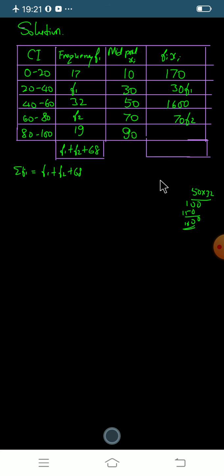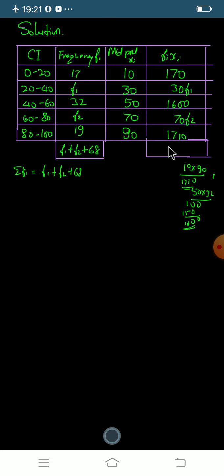How? 19 into 90: 9 nines are 81, 8 to carry, 9 ones are 9, so 1710.